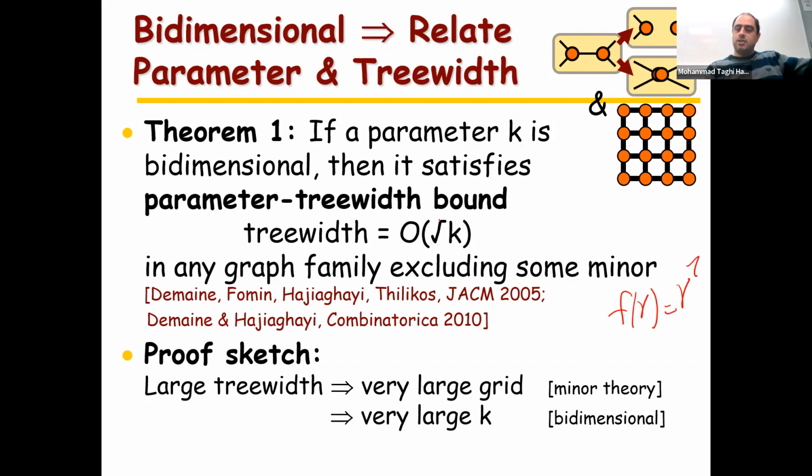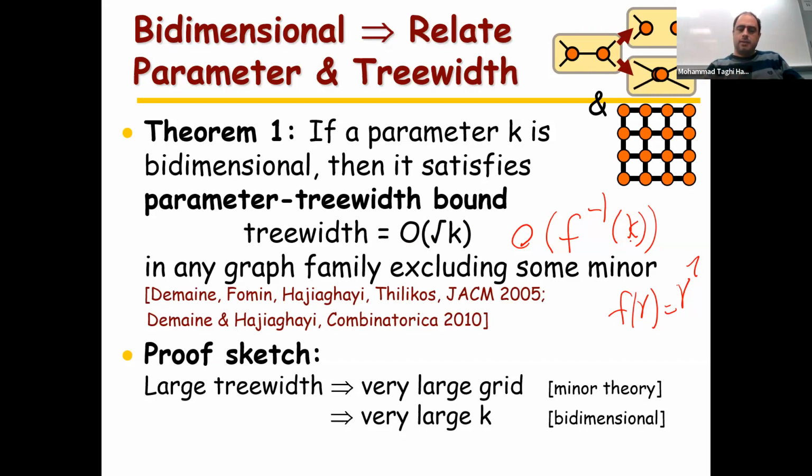In general, if it is a general f, you will get O of f inverse of k. So we had this assumption that the function on a grid or a grid-like graph should be f of r large. If f of r is r squared, then we get square root of k. If we had a general f of r, then we get f inverse of k.